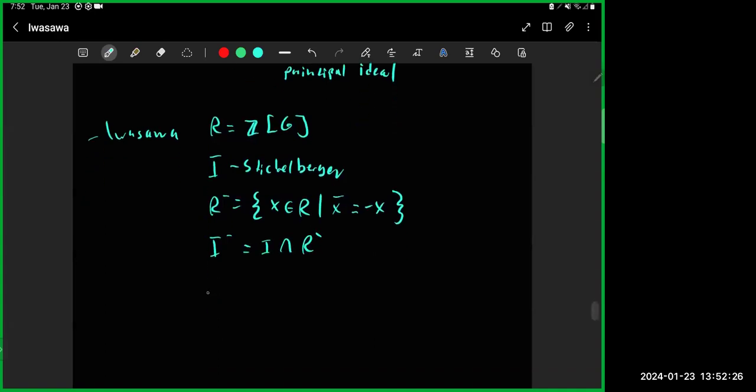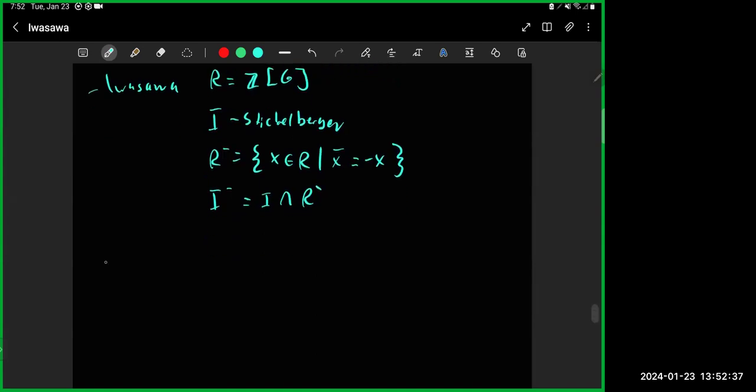What Iwasawa discovered is that the index of I minus in R minus is actually equal to the relative class number of whatever extension you're looking at.